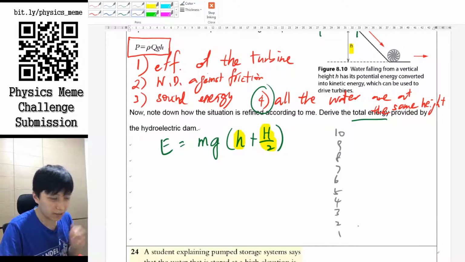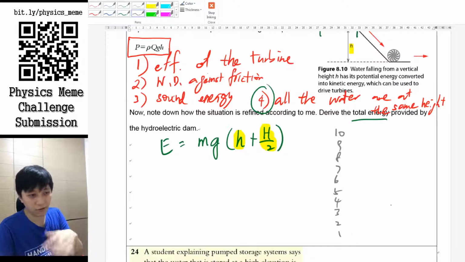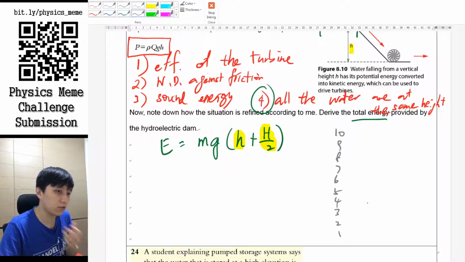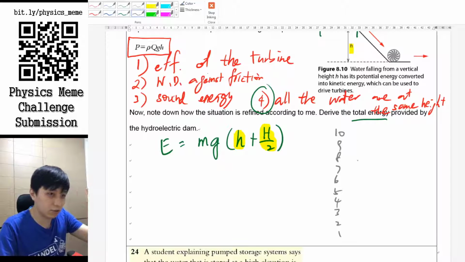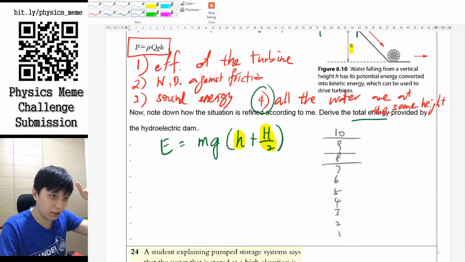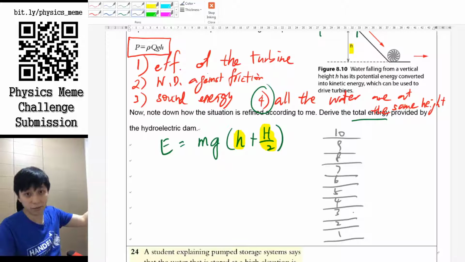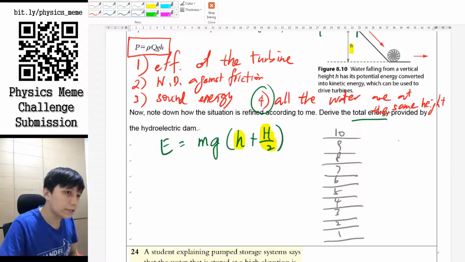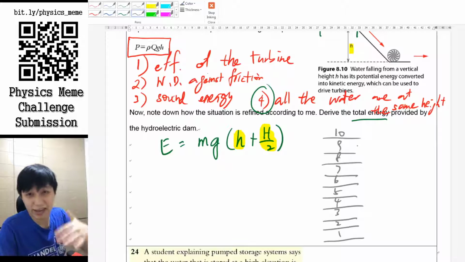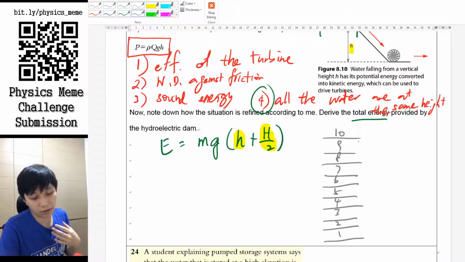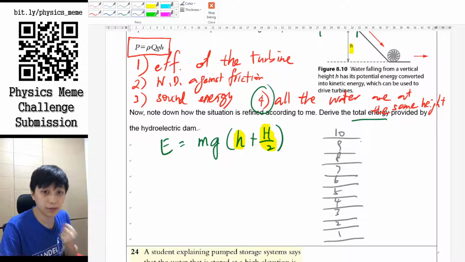That many stacks of water, there's no 0, right? So 1 to 10, only 10 portions. So what you can do is you can imagine each layer will have a different amount of gravitational potential energy because they are of different height, simply. But then what you can do is you can kind of take the average. So one way of thinking is think about the center of mass, simply.